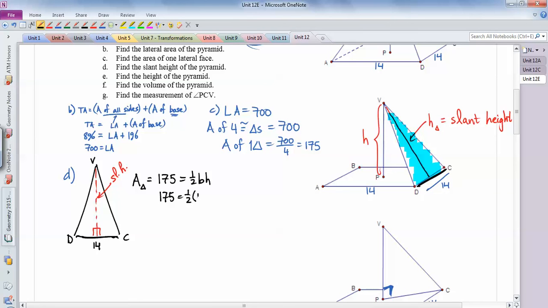So it's half of 14 times the height of the triangle, which is really the slant height. And that's what we're looking for, but we can solve for it. So let's do 175 equals 7 times the slant height. And then if you divide by 7, you get that the slant height is 25.